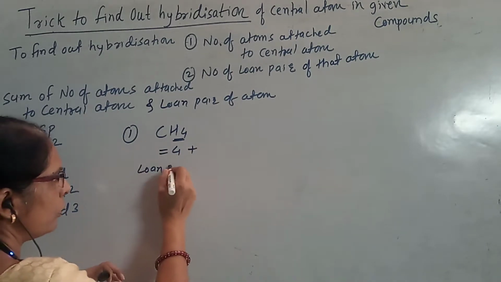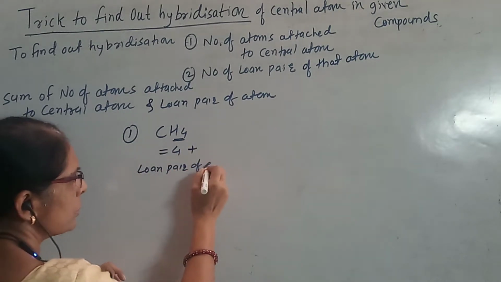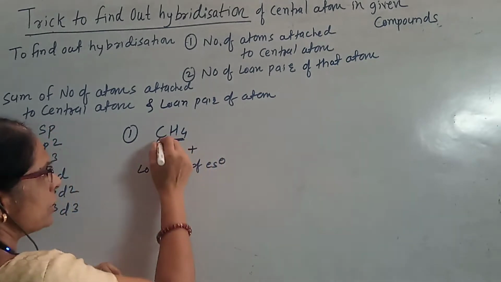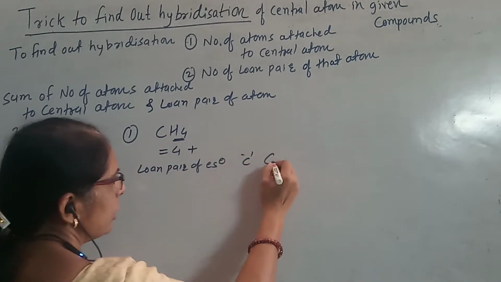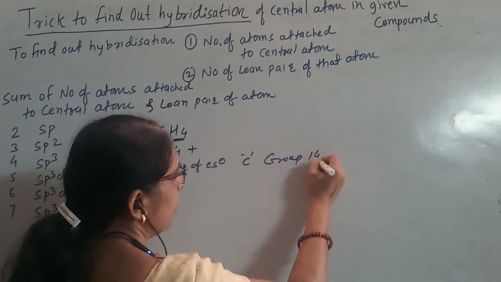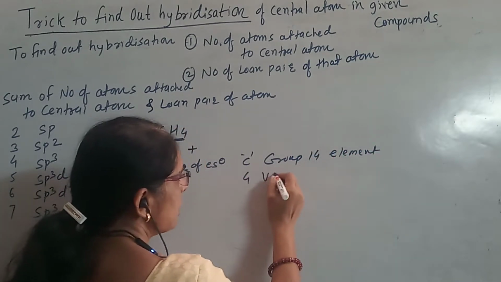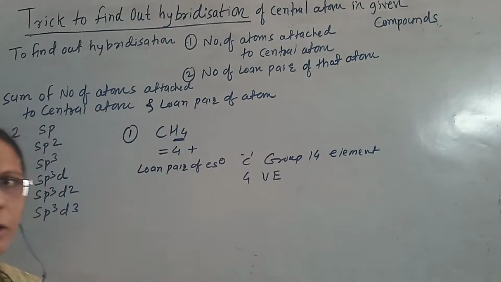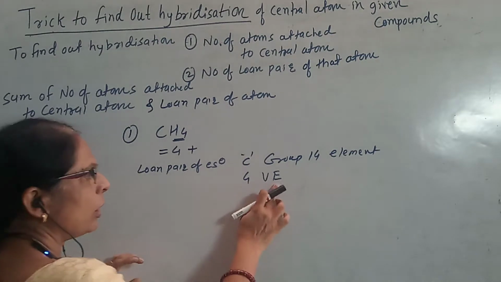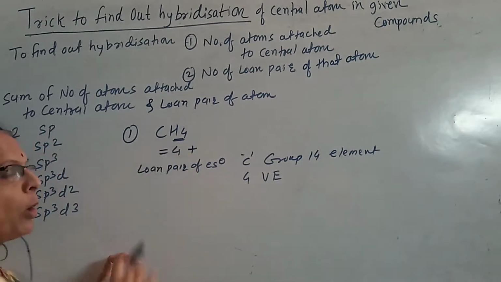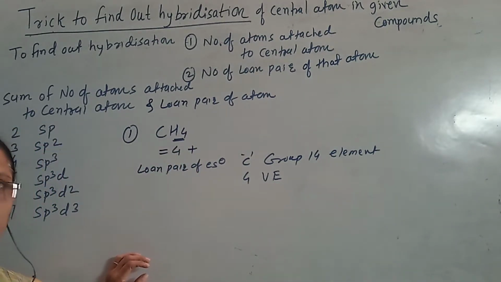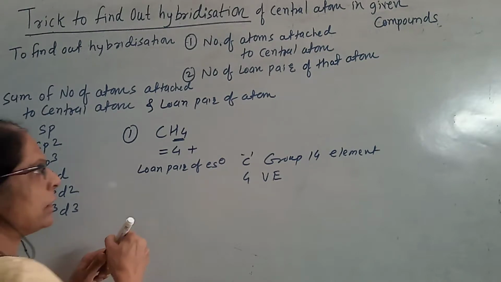In order to find out the lone pairs of electrons, we have to consider the carbon. Carbon is a group 14 element, and group 14 elements have 4 valence electrons. All these valence electrons are involved in forming bonds with the hydrogens.